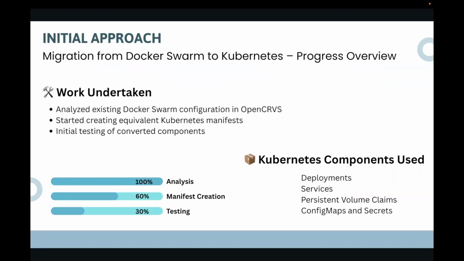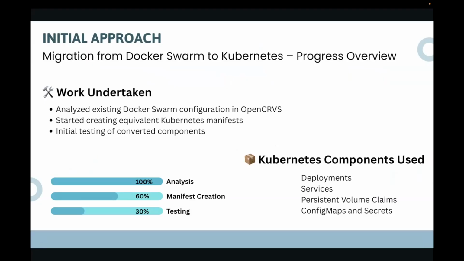The initial approach was this: OpenCRVS has its setup on Docker Swarm, and as we know, Mifos is fully on Kubernetes, and we did not know about their plans of migration towards Kubernetes.